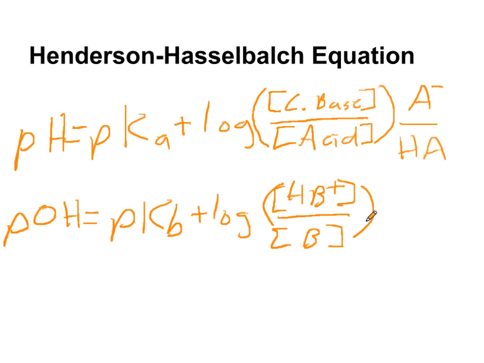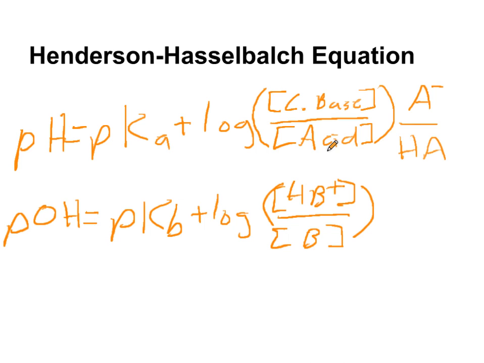So only this top form is given to you on the green sheet, the acid form, but the base form is not hard to figure out from that. The Henderson-Hasselbalch equation helps us figure out what a new pH of a buffer solution will be when we make changes to the conjugate base or acid concentrations at equilibrium.